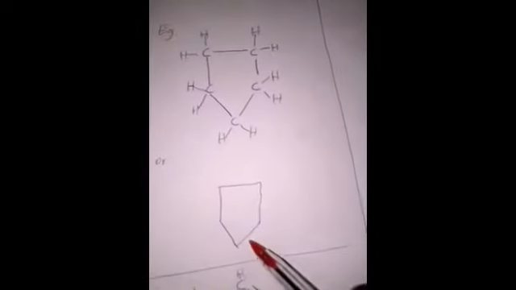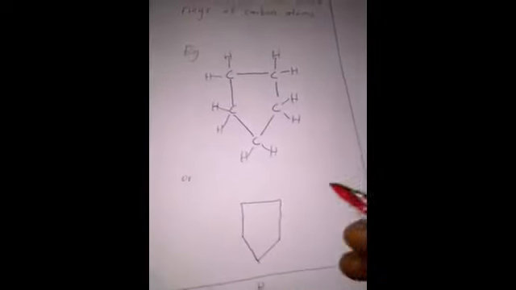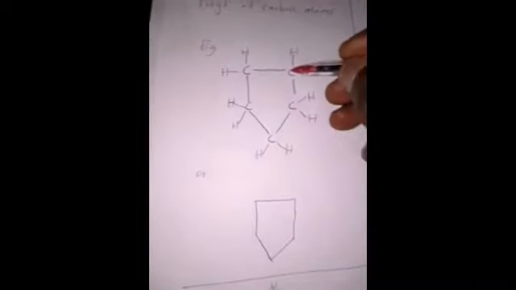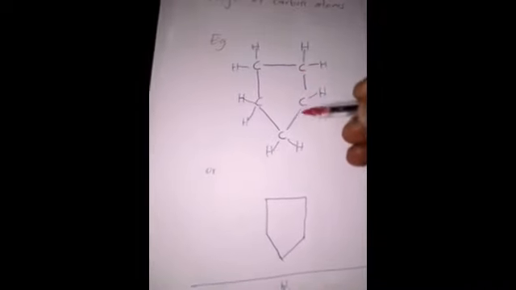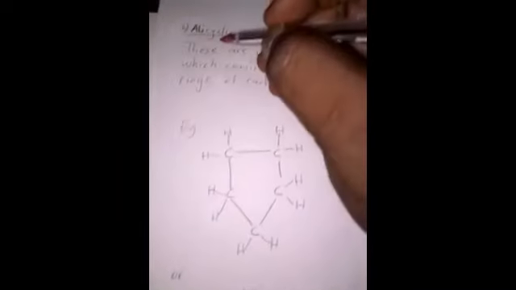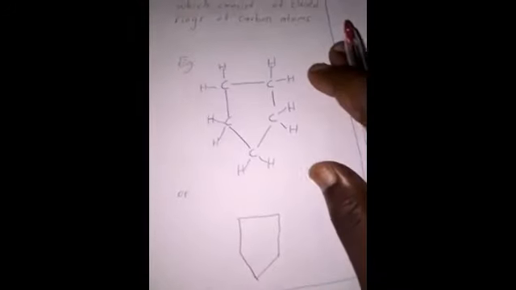We can reduce this form to this simple pentagon over here. This is a ring because it is closed. I can start from here and go around in a circle form. That's why it's termed an alicyclic compound.